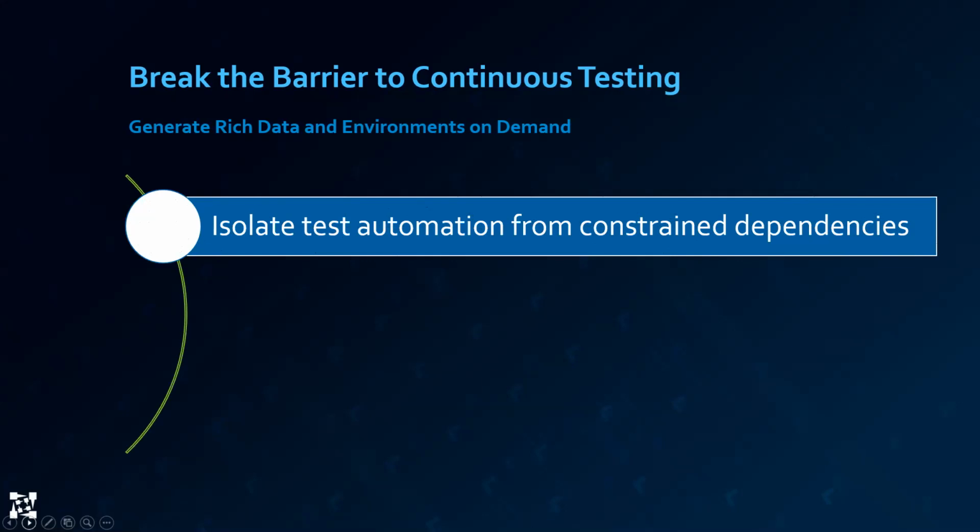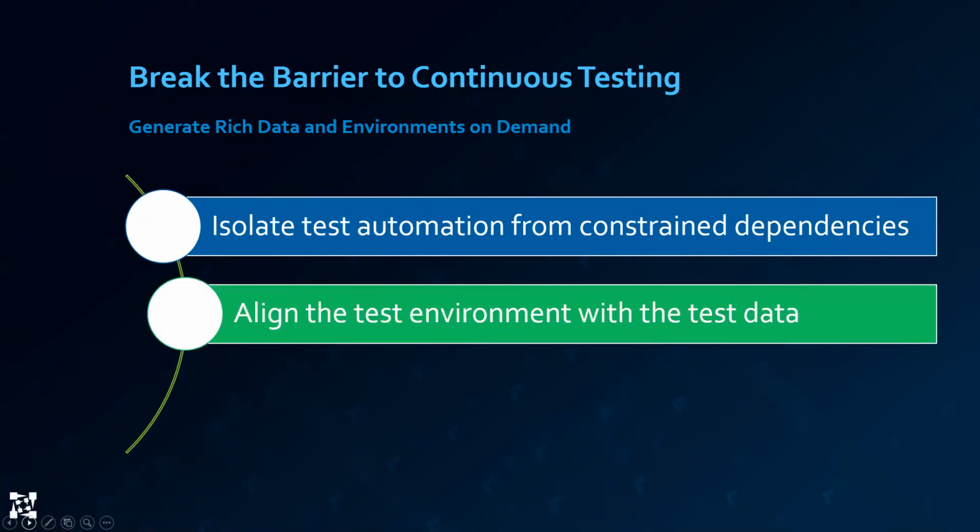So first of all, we showed isolating the test automation from its constrained dependencies. The example here that Chris showed us and what we've been focusing on is the database itself, and using service virtualization to create a virtual database, and then controlling it through that test environment view through the web browser. We then showed how we can align the test environment with the test data, leveraging VIP to model the different data scenarios.